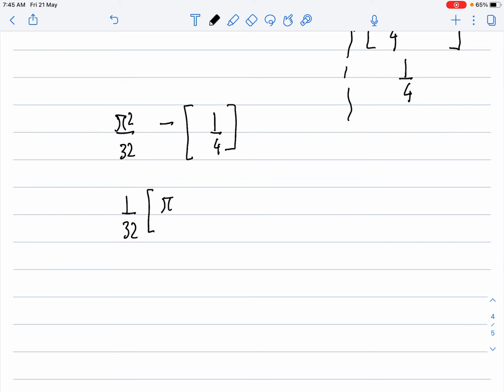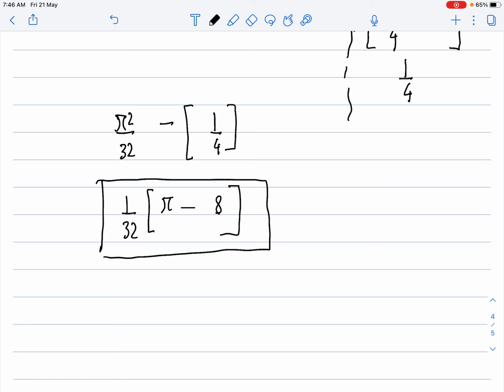So I have pi square here as it is, minus, if I take 8 here, I know when I expand this, I'll get this value again, correct? Because 8 over 32 is 1 over 4. So I can simply expand it and write it like this. 1 over 32 with pi square minus 8, which is the final answer of the question. You can just expand and see, you'll get this answer again.